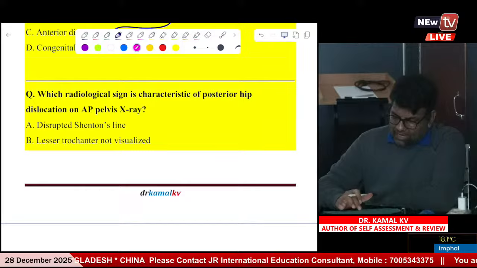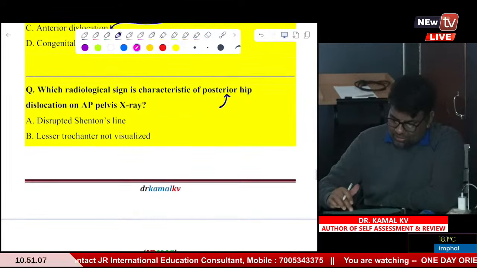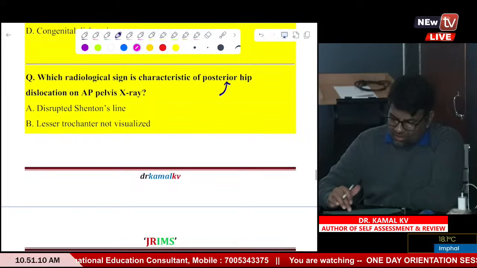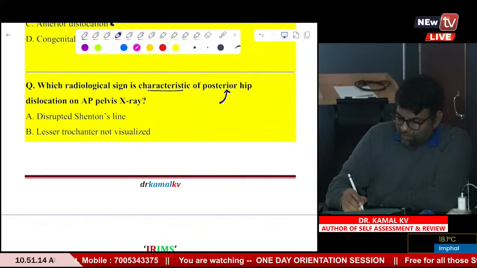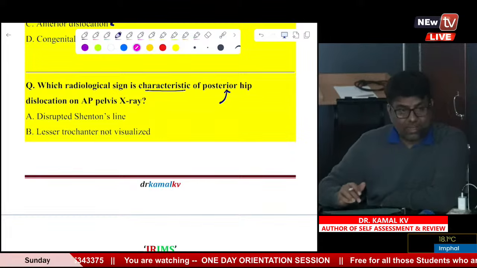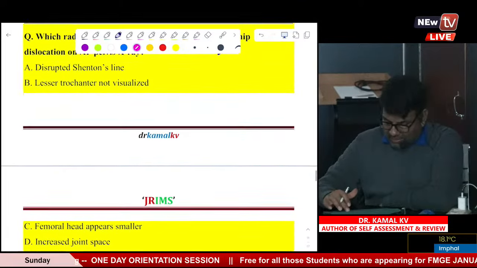Which radiological sign is characteristic of posterior dislocation? Now here I am using the word characteristic. It means you have to tell that sign which is suggestive. It should not be seen in any other condition.